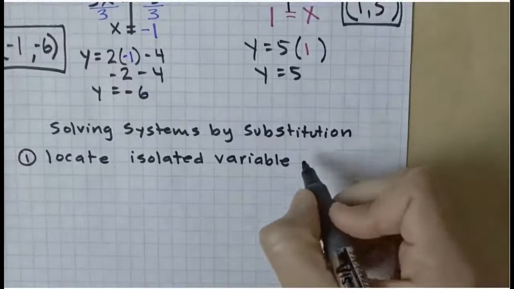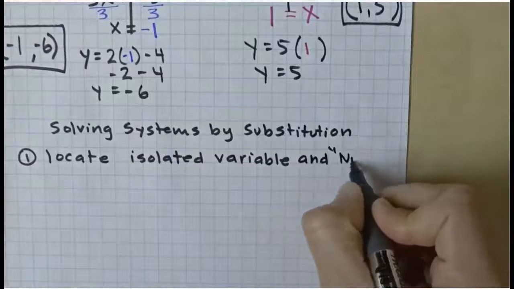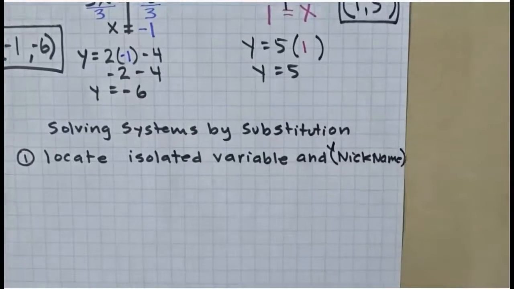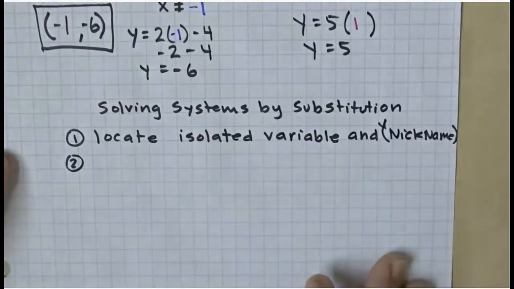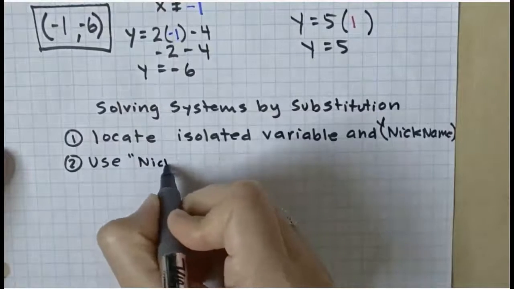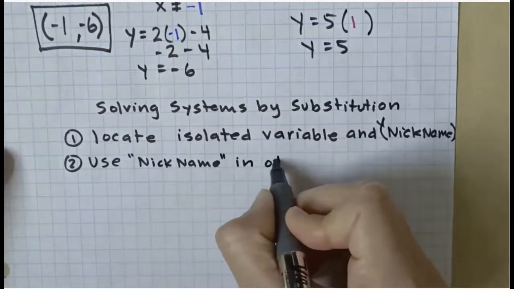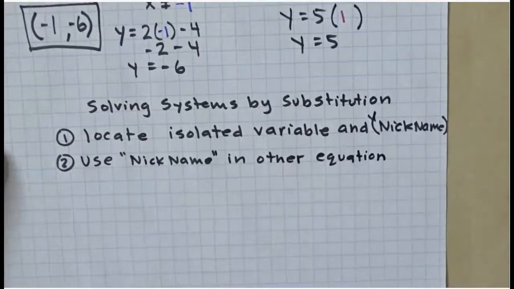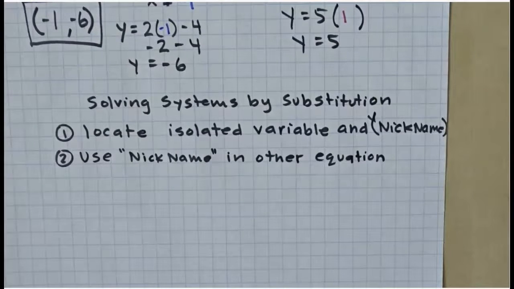So I'll just put on here nickname. And then the second thing we did was we used the nickname in the other equation. I'll put it in quotations. So once we found our isolated variable, we identified the nickname, and then we took that nickname and used it in the other equation.